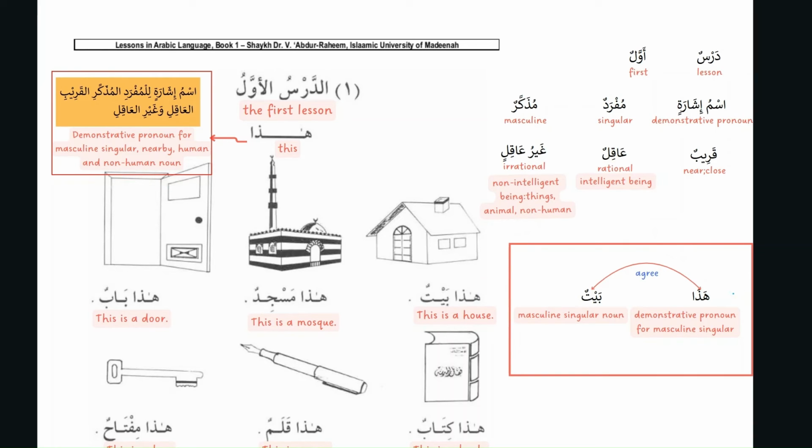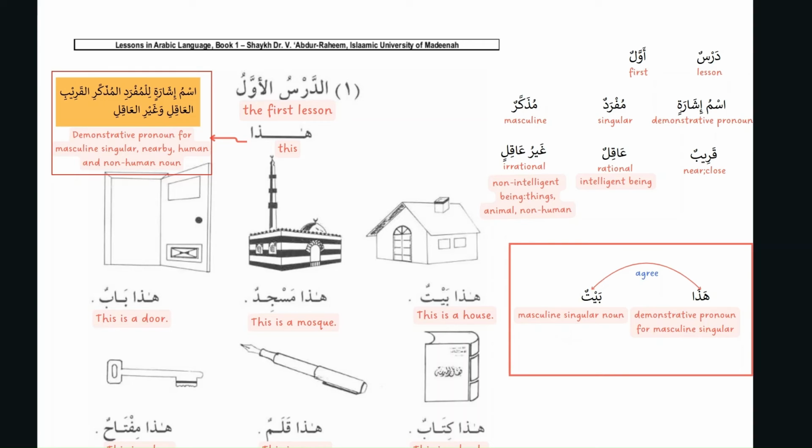The second rule is there is an agreement between hadha and the noun following it in terms of gender and number. Hadha is a demonstrative pronoun for masculine singular, and baitun is a masculine singular noun.